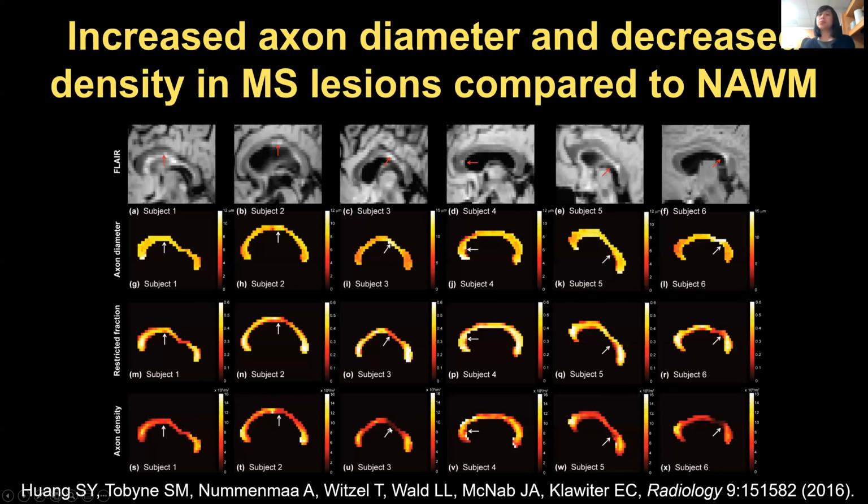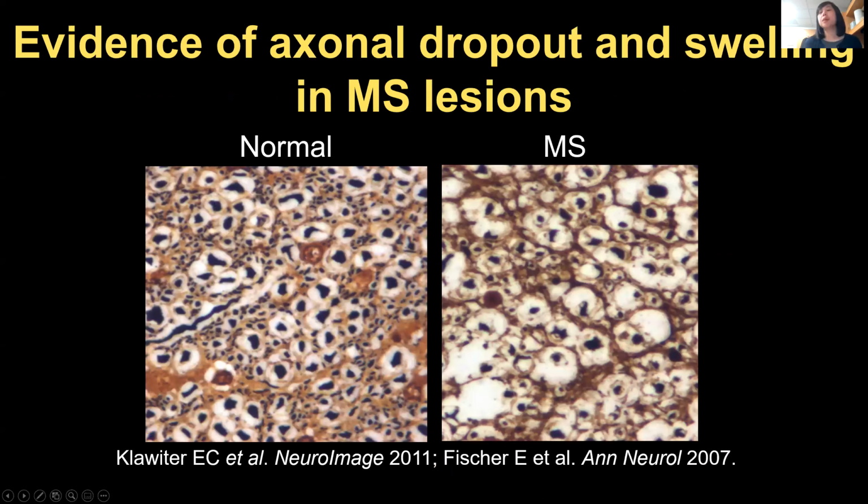And these results were really intriguing because they are very much in keeping with findings on histopathology that show evidence of axonal dropout and also enlargement of axons within MS lesions. Here I'm showing you histological sections of axons in normal appearing white matter and in MS spinal cord.